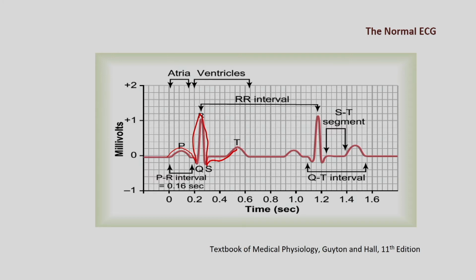Here you see the time, and here is the millivolt. You can see the electrical potential generated in the time slot. Here I have marked the PR interval, then the RR interval, PR interval, and QT interval.